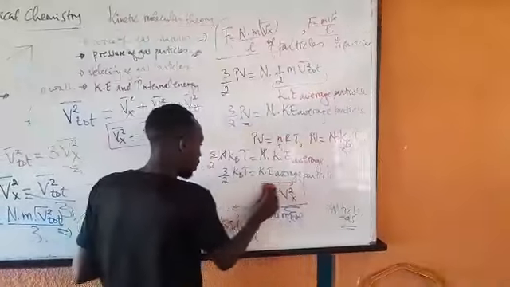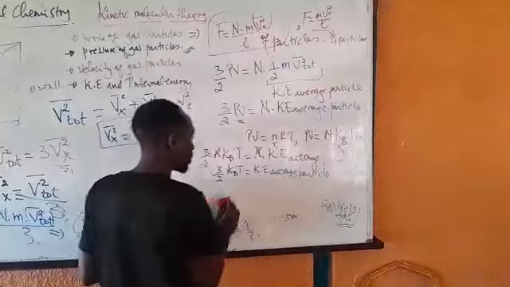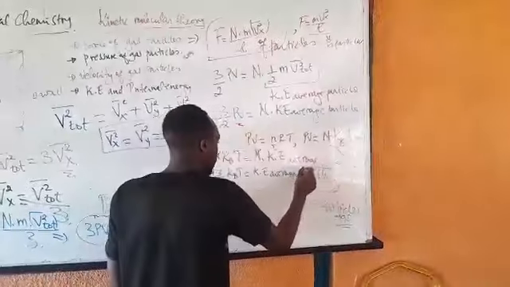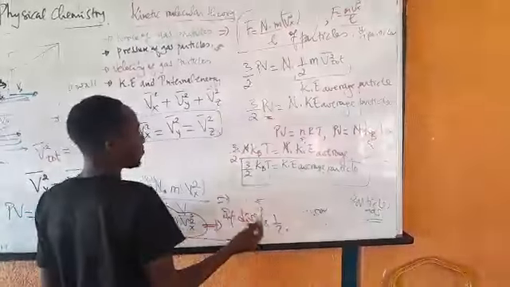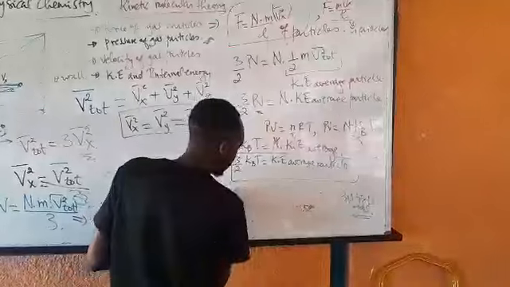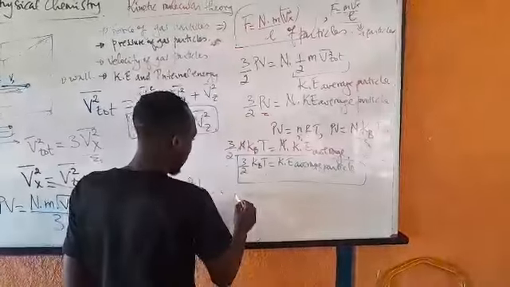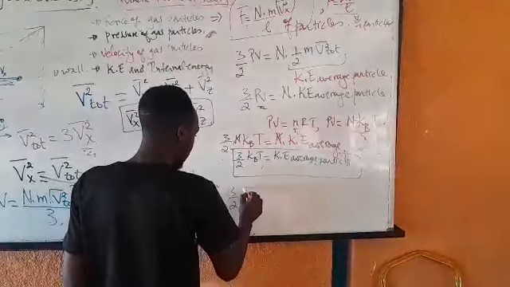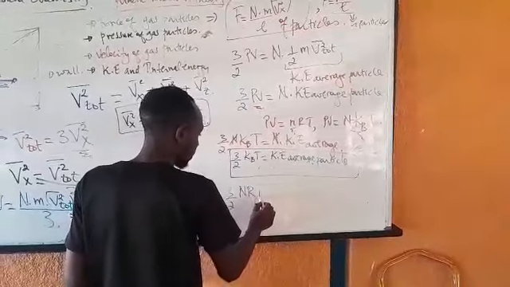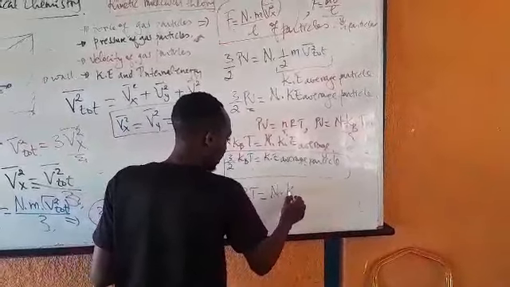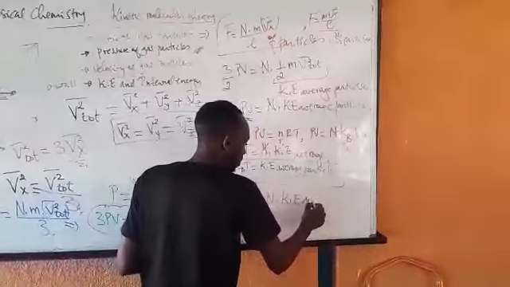Because once you have all of this, you can calculate the kinetic energy of the particles inside. Then you can also do this, and it will give us the same answer. PV over nRT equals N times KE average.